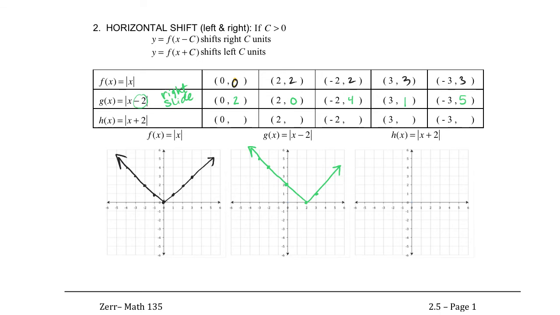All right, and now if we add a number, what it's going to do is slide it to the left, but we'll go in and look at that. All right, 0 plus 2, that would be absolute value of 2, which is 2. 2 plus 2 is 4, absolute value of that is 4. -2 plus 2 is 0. 3 plus 2, that would be 5, and -3 plus 2 is -1, but absolute value of that would be 1.